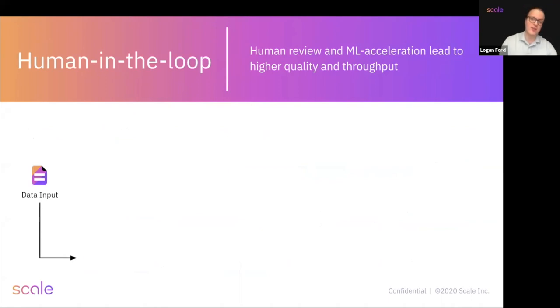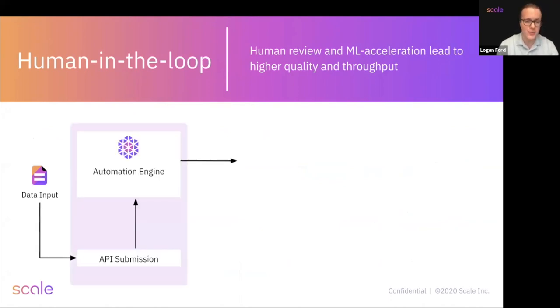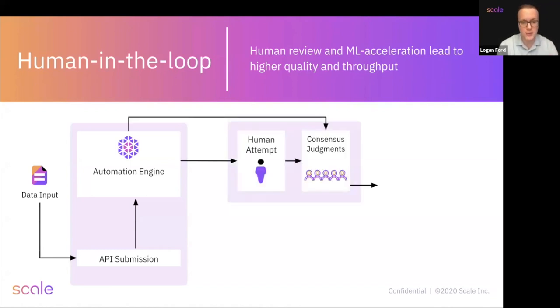And to get started on the pipeline as a whole in terms of how Scale works, we start with our data input from customer, which is usually through our Scale API submission, which leads right into our automation engine. Essentially, our automation engine is what powers efficiency gains through the application of ML, as well as making decisions such as how many people should label this piece of data, who works on what, and then finally figuring out how to accumulate several annotations of the same piece of data for a final answer through consensus.